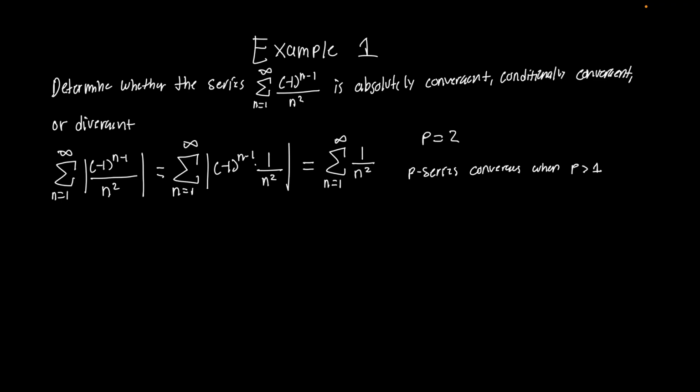And we know that 2 is greater than 1, so the series converges. So we know that the absolute value series converges, therefore the original series is absolutely convergent.